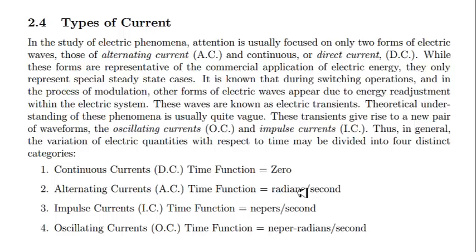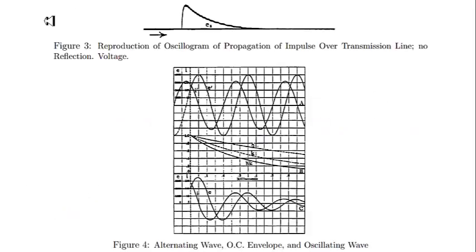It's an unspoken unit, and this is like a power law or a logarithmic law. So this is something where the power changes over time. And then the oscillating currents is another kind of current.